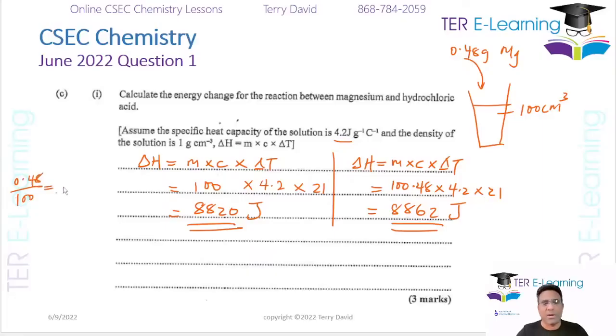When you work out 0.48 divided by 100, you're going to get a ratio of 0.0048, which means that 0.48 grams of the magnesium is negligible. So if students work it out with the 100 alone, you should get it correct. If you worked it with the 100.48, you should also get it correct. So for those of you who are worrying about that, do not worry about that. That 0.48 is very small in comparison to the volume of the acid that was used.